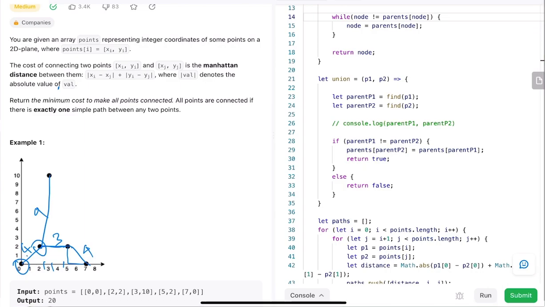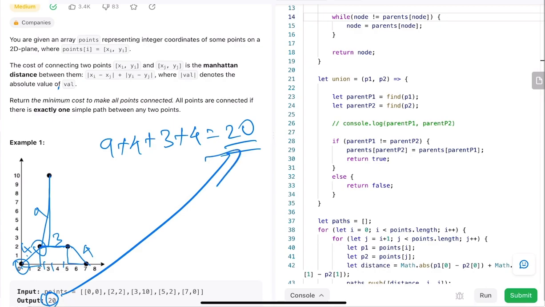Yes, this is 4. Yes, this is 2. This is 2, 4, and from here it's 2, 1, and all the way up, which is 8. 1 plus 8 is 9. All right, 9 plus 4 plus 3 plus 4, which is 20. This is 20, is the answer. That's how we have to solve this problem.